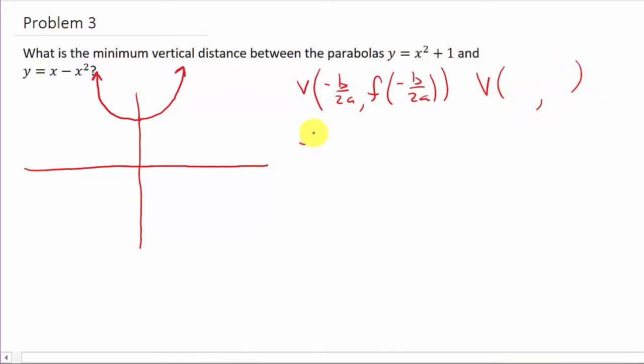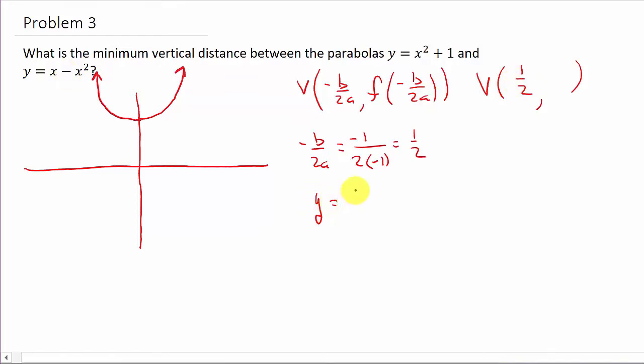So minus b over 2a, well, b is 1, that's the number in front of x, so that's minus 1 over 2 times a, the number in front of x squared, that's negative 1, so that's 1 half. So there's the x coordinate of the vertex. And now I need the y coordinate. So I just take the 1 half and plug it in.